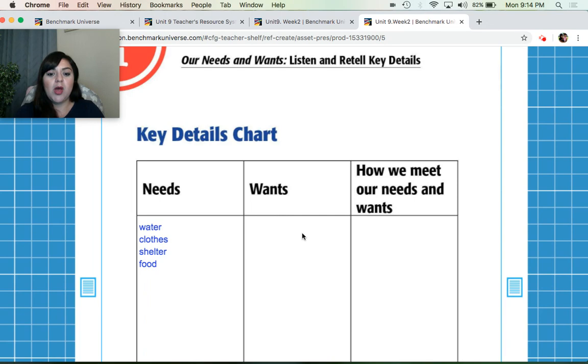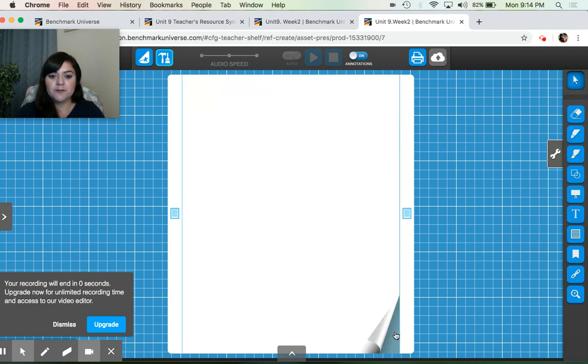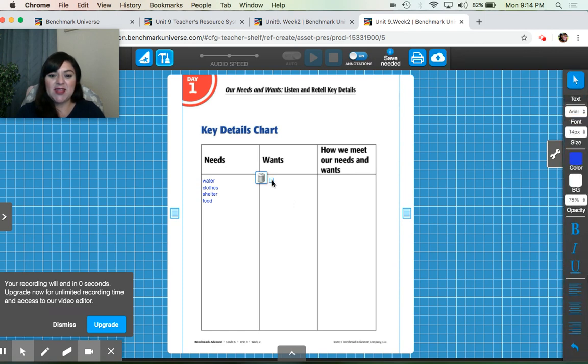What were some wants that we heard in the text? Oh, sorry. There we go. Some wants. Oh, I remember on the last page there was a teddy bear. You remember what that boy was saving for? A bicycle?